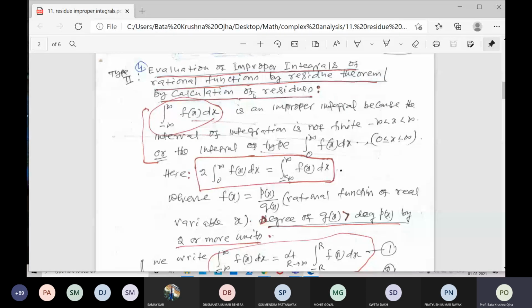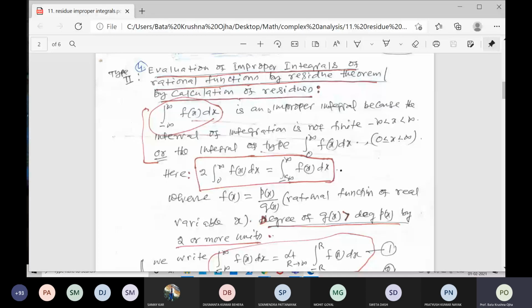Second thing, the degree of the denominator must be greater than the degree of the numerator at least by 2 units, that is, 2 or more.